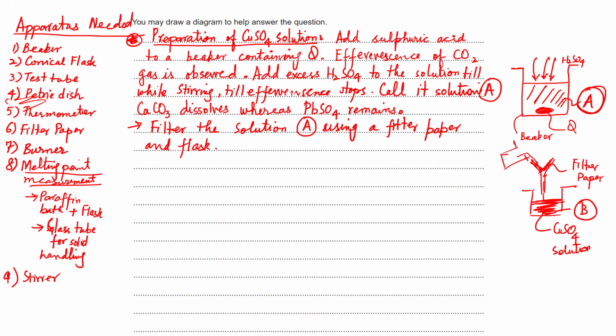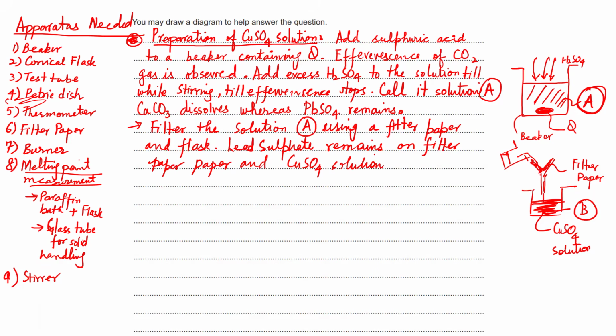Call it as solution B. Okay. So lead sulfate remains on filter paper and copper sulfate solution goes to the beaker.